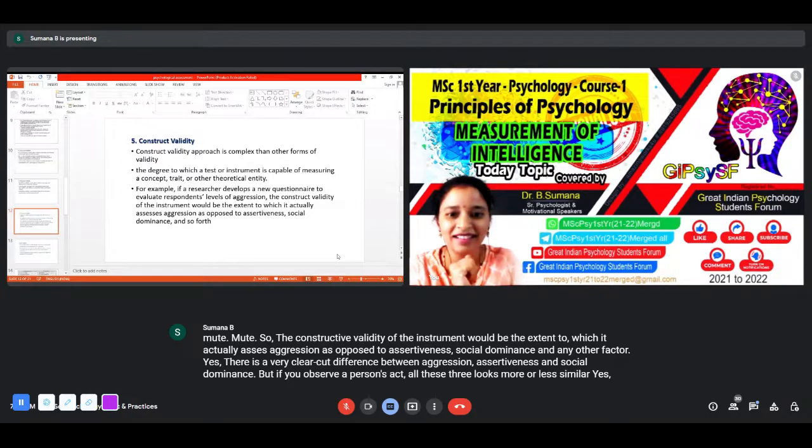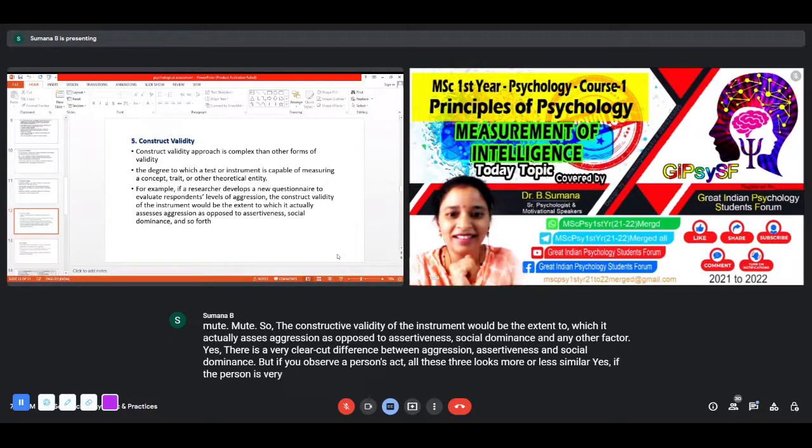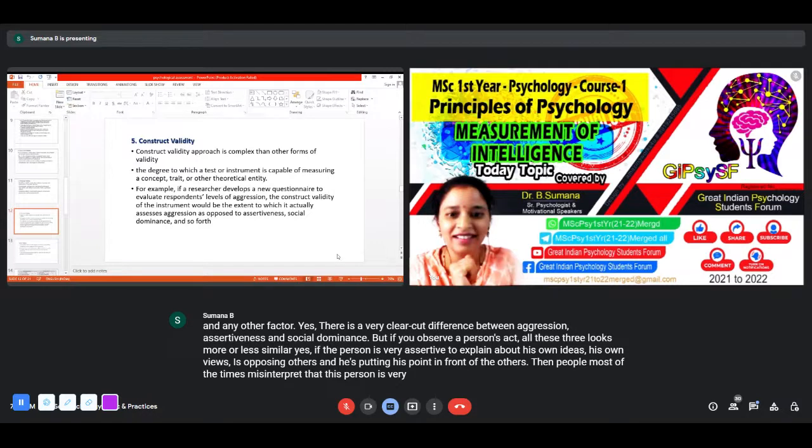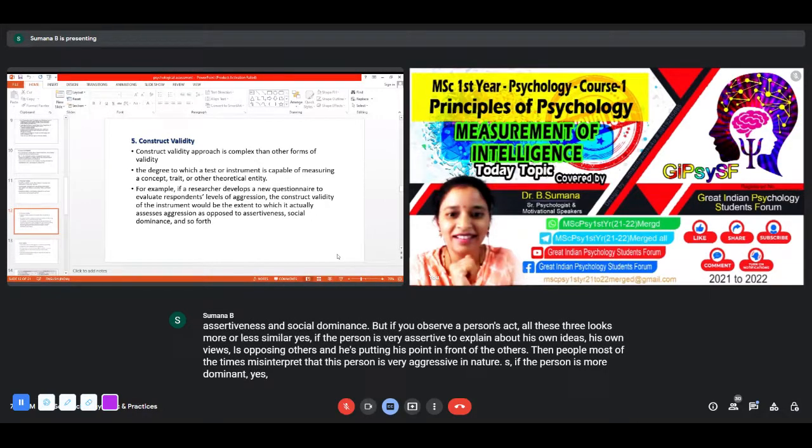If the person is very assertive in explaining his own ideas and views, opposing others and putting his point in front of them, then most of the time people misinterpret that this person is very aggressive in nature. If the person is more dominant in his voice or in his acts, this is also misinterpreted as aggression.